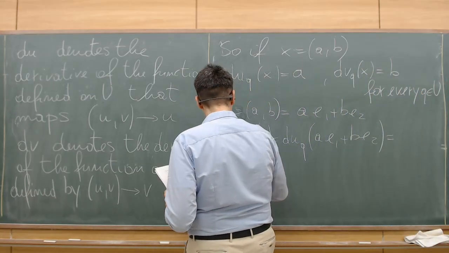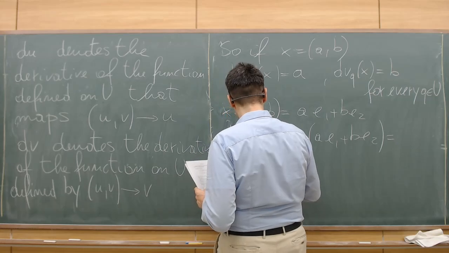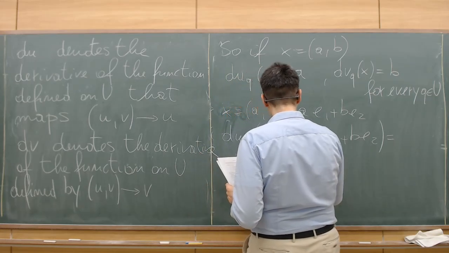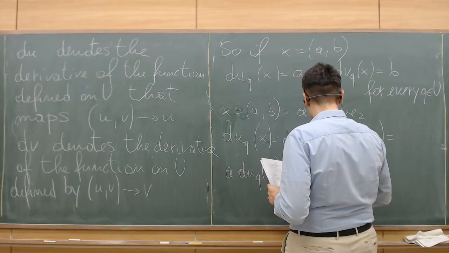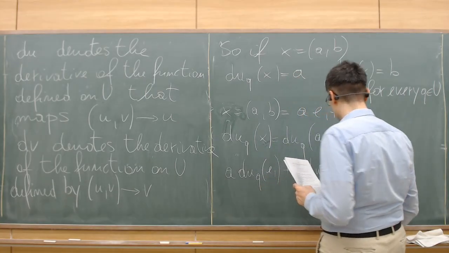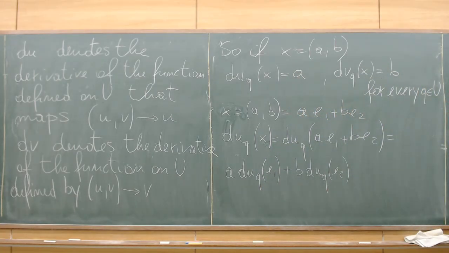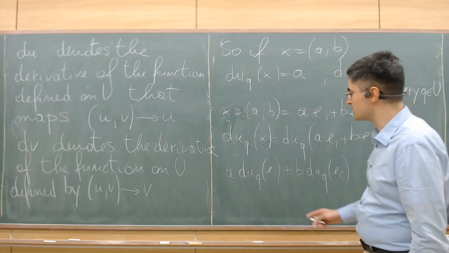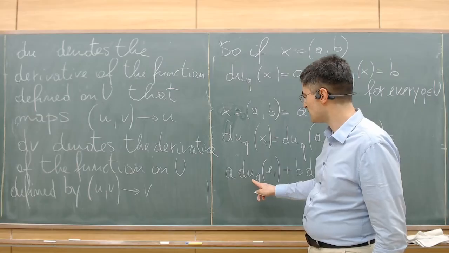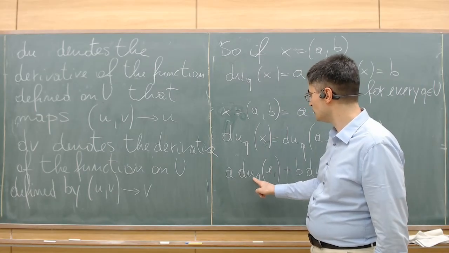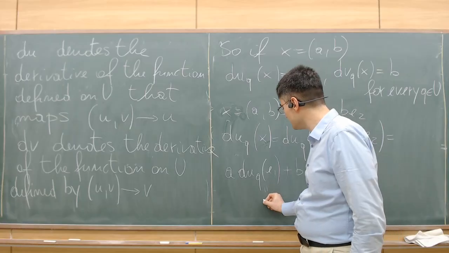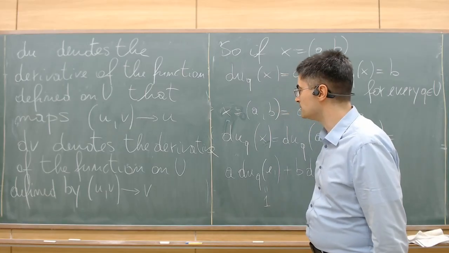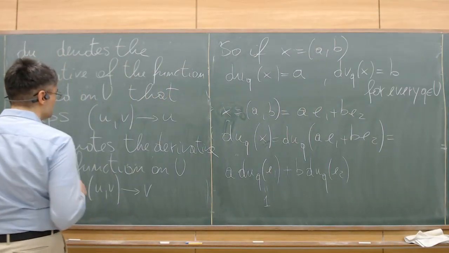Then this is a du q e1 plus b du q e2. And it is immediate to see that the derivative of u in the direction e1 is equal to 1. Why?